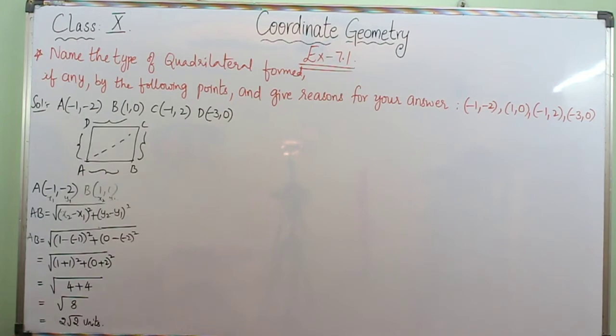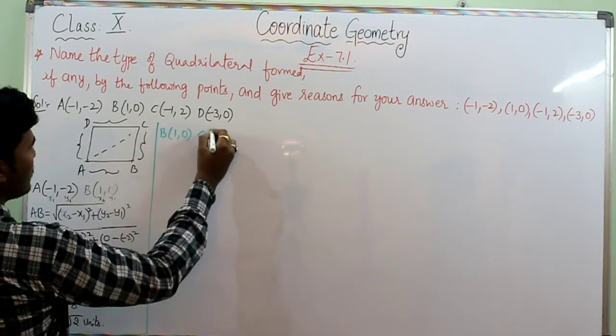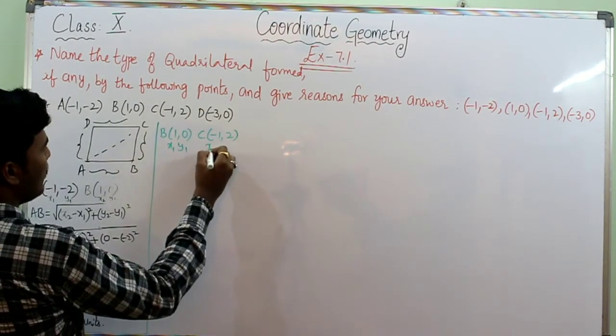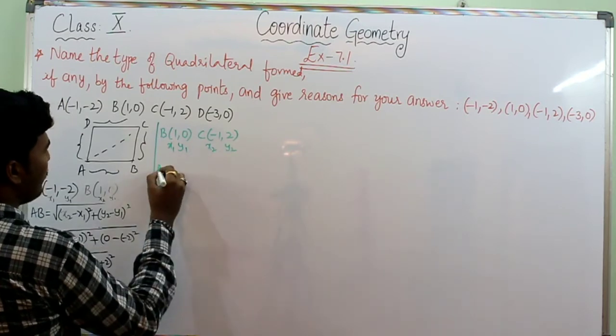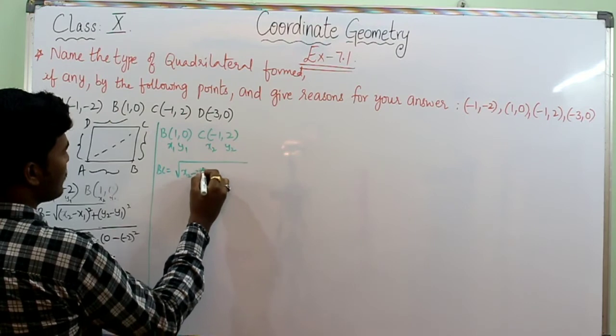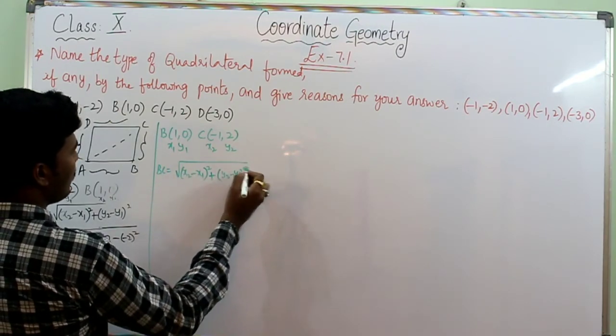Now let us find out BC. Consider B point (1, 0) and C point (-1, 2). Name them as x1 y1, x2 y2. So BC is equal to square root of (x2 minus x1) whole square plus (y2 minus y1) whole square.